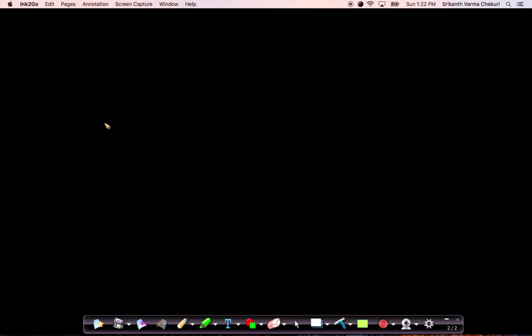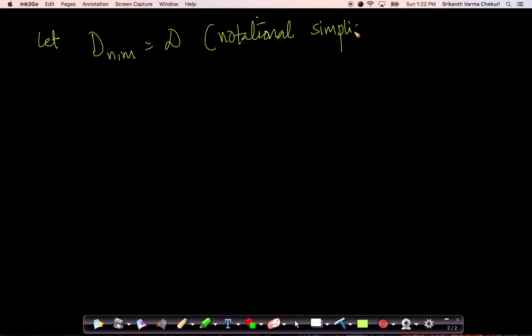There is no point of mentioning n and m here, because I'm using n and m in the formula anyway. So let's go step by step. If I let D n,m be equal to D, just to simplify the notation, then when do I reject my null hypothesis?